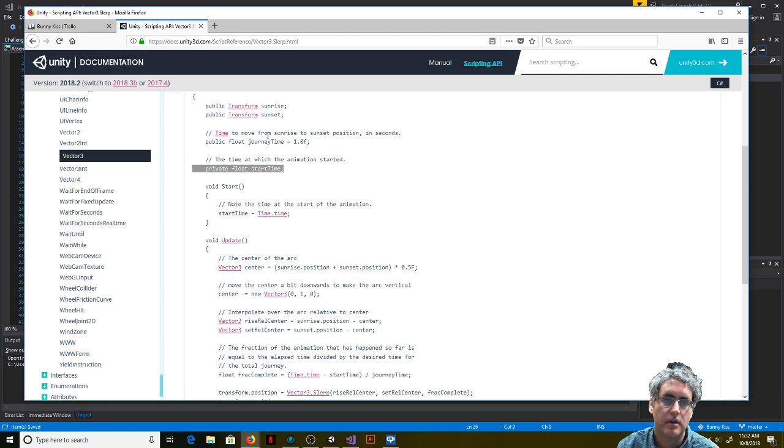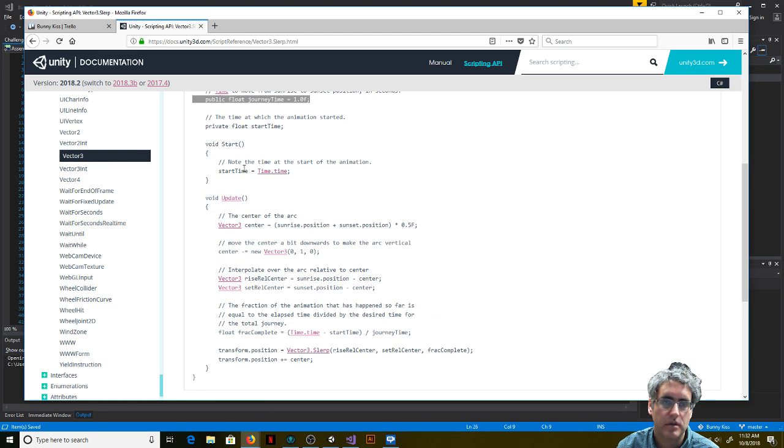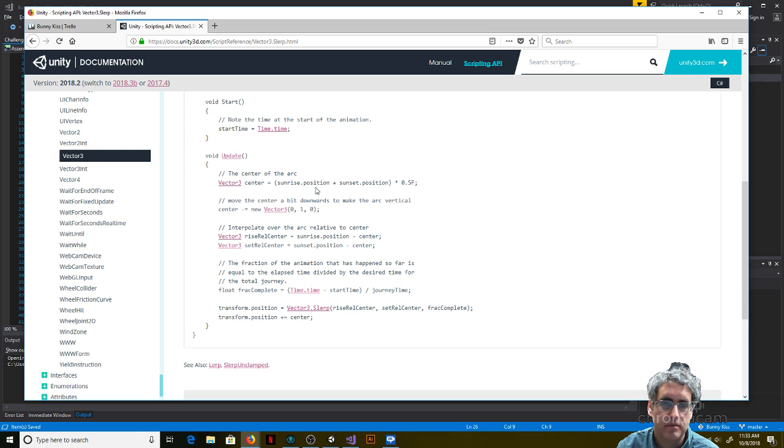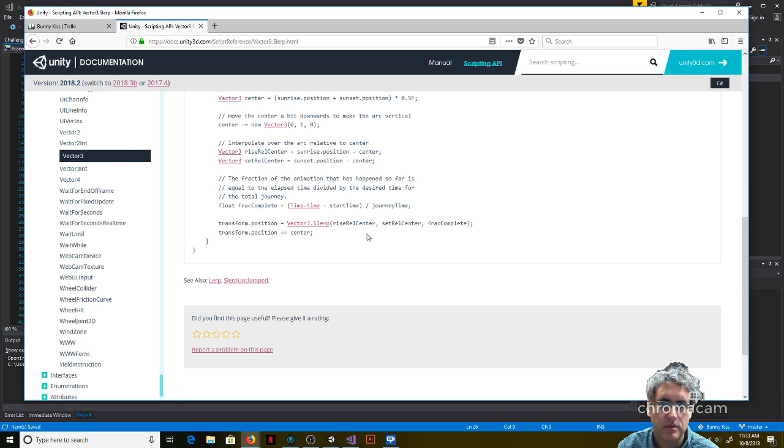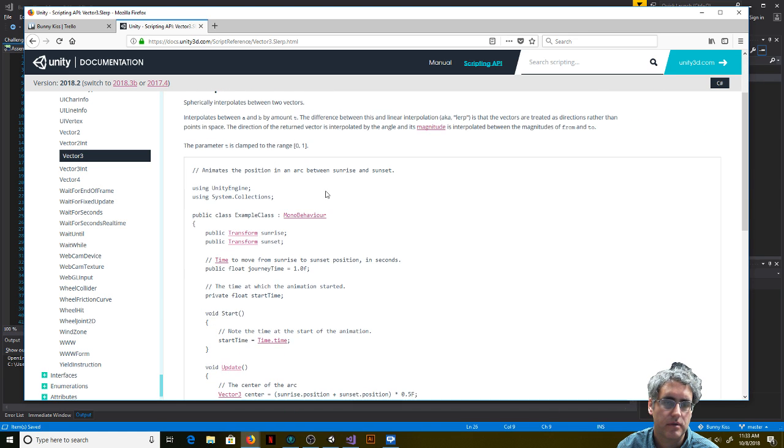Right, we have start time, journey time, yes. Okay, so when we say, oh, ready to go, start it, and then we start moving things. Slerp is a spherical. Oh, we don't want to do that. No, we just want to do lerp, right?